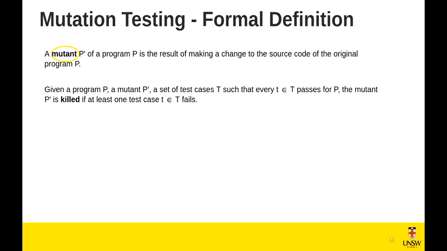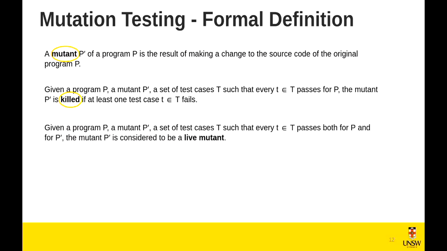Second, a mutant is said to be killed if for at least one test case, the original program can pass that test case, but the mutant cannot pass that test.